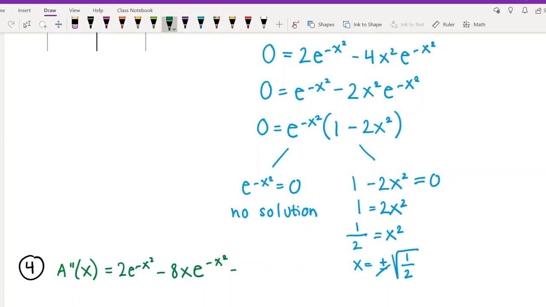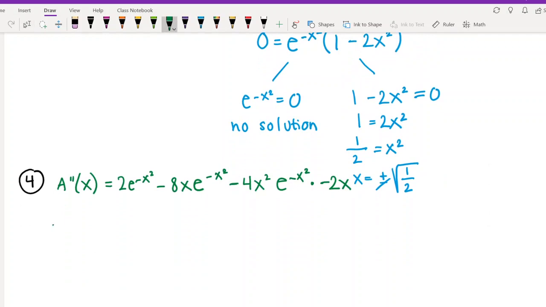So, and maybe let's be careful here. Let's lump this negative sign in with the 4x squared. That way we won't have to worry about parentheses. So the negative sign was here, and then we're also going to have a negative sign on this next part because this next part is just leaving the first part alone. And then the derivative, as we've seen, of e to the negative x squared is e to the negative x squared times negative 2x.